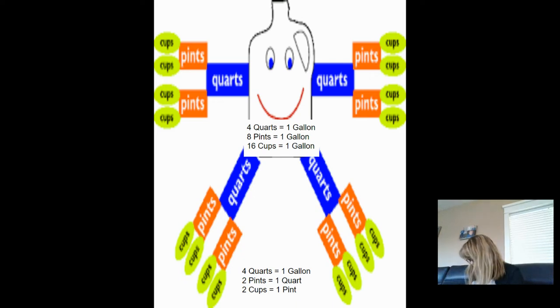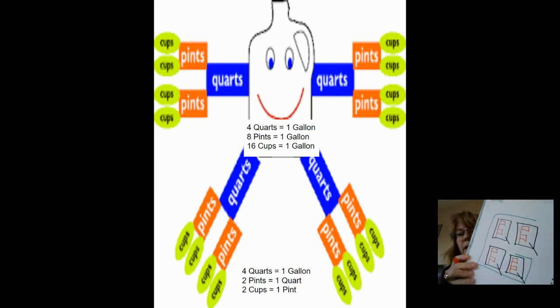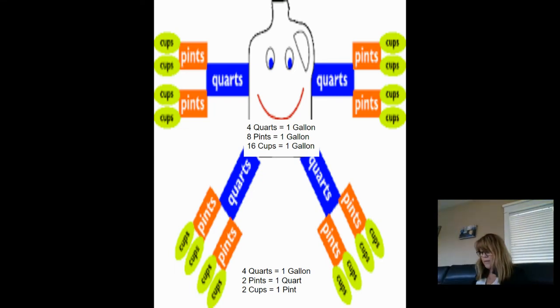So since I know that 2 pints fits into a quart, I am going to put 2 pints into each of these quarts. So each quart got 2 pints, and we know that 8 of those pints equals 1 of the gallons. Okay? This is going to help you later, trust me.